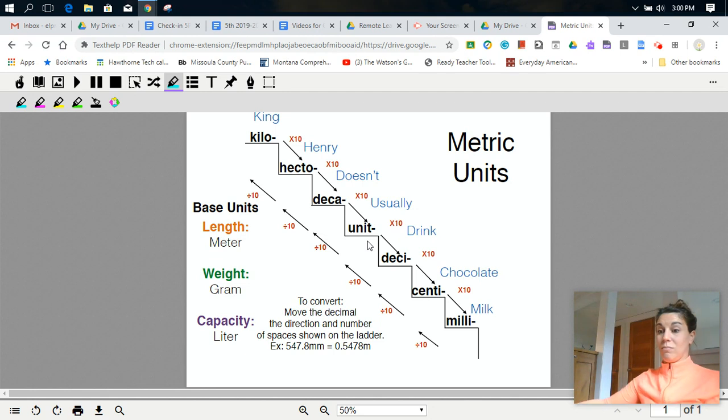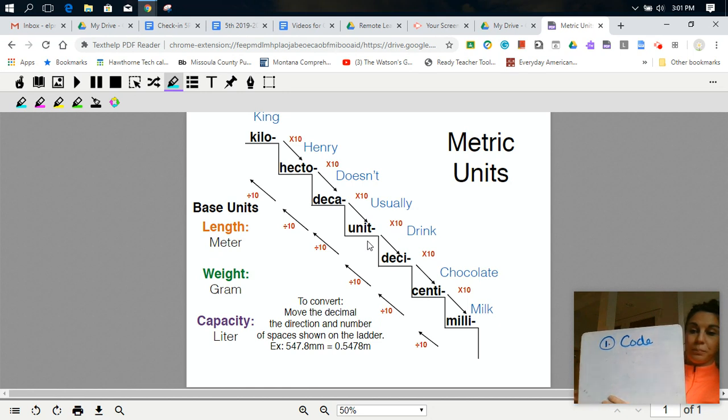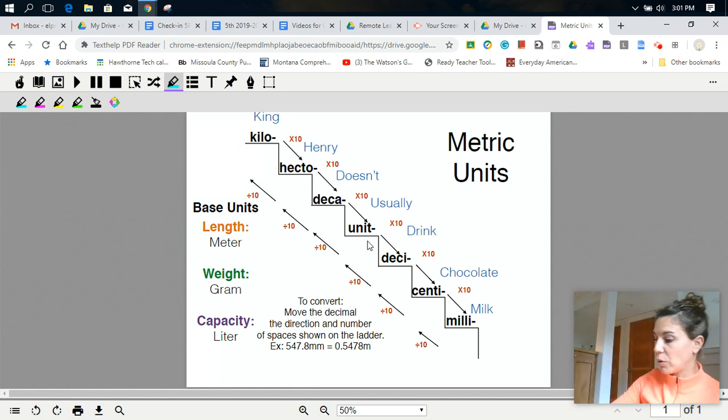Okay, so one more time, the steps are not going to change. So someone tell me, what's number 1? What's the first thing you're going to do? Yes, you're going to code it. What direction are you going? And what operation are you doing? 2, what should I see on number 2 that we have gone over and over and over?